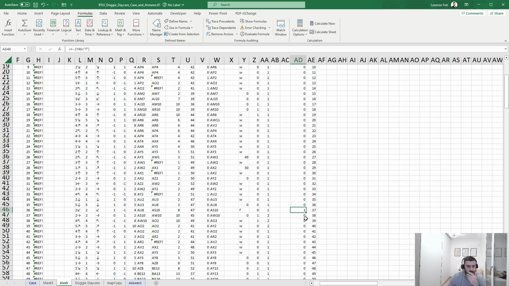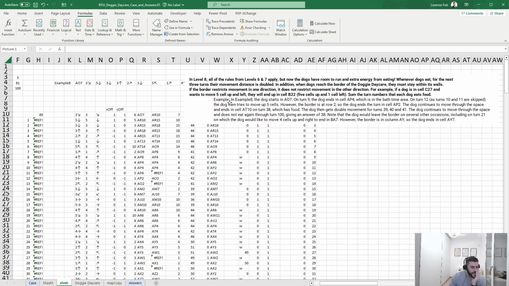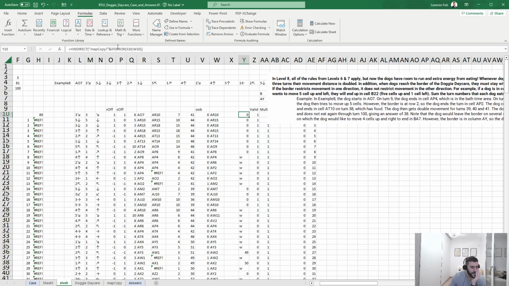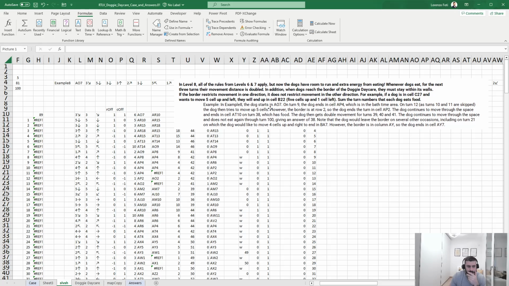Turn 38. So apparently there's something wrong with the movement. So until turn 9 it's right, and also turn 12.